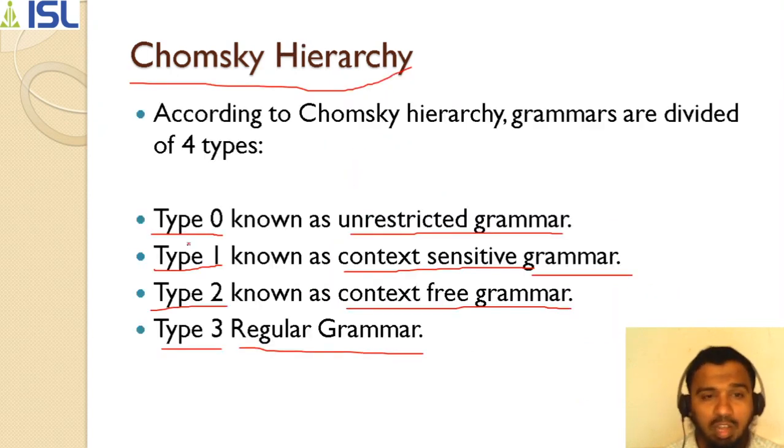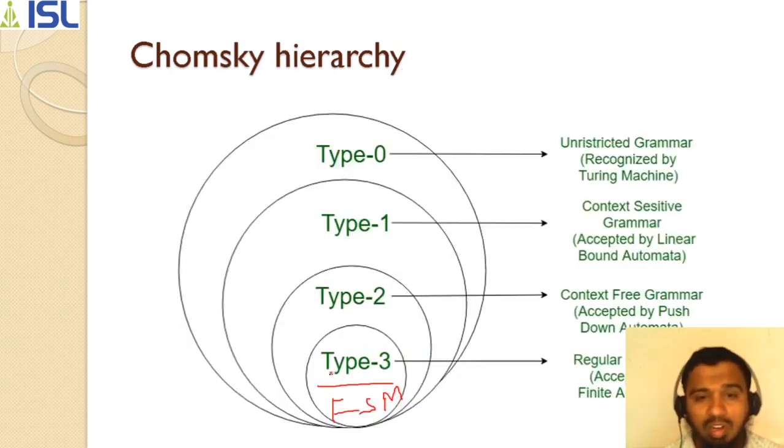We will go from the bottom, type 3, because already we have completed this in the second unit. Type 2 is context free grammar, accepted by pushdown automata. With the help of pushdown automata we will solve this.